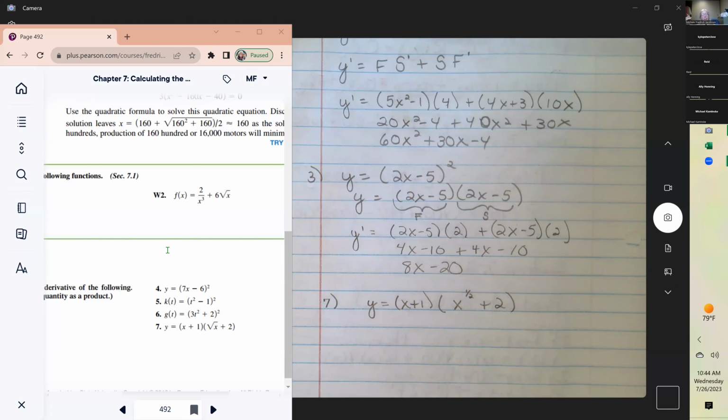Square root would be exponent 1/2. And so that's why I rewrote it.